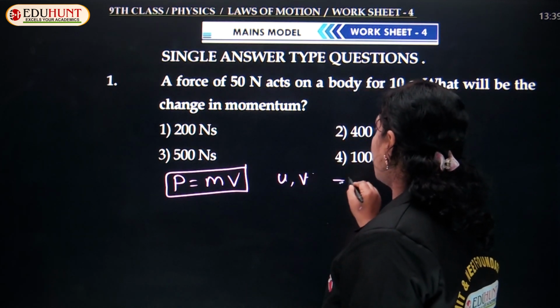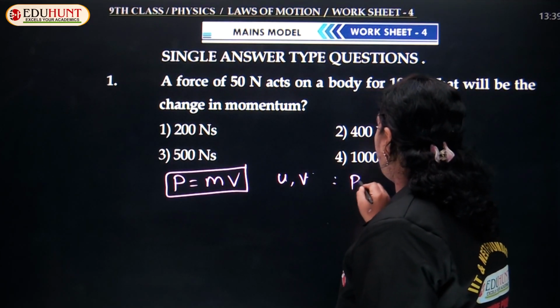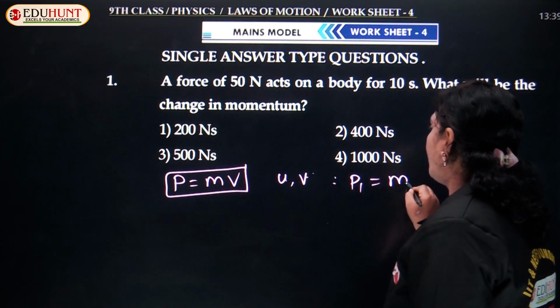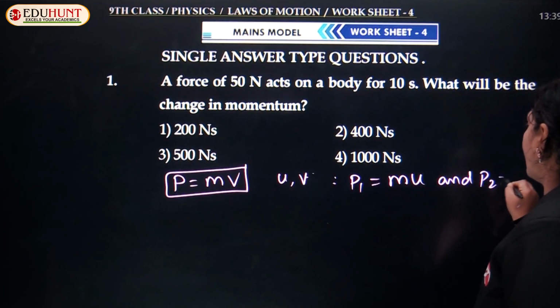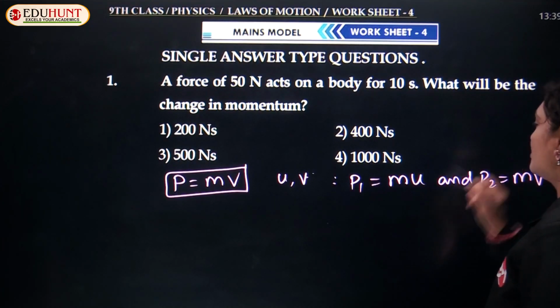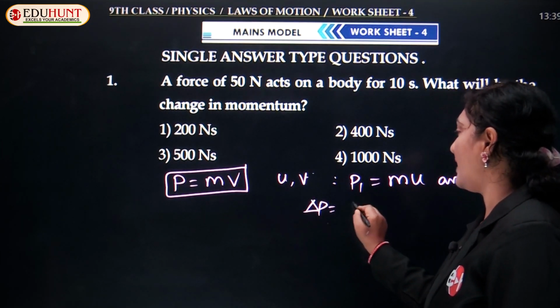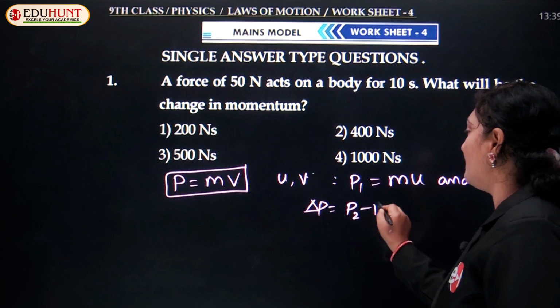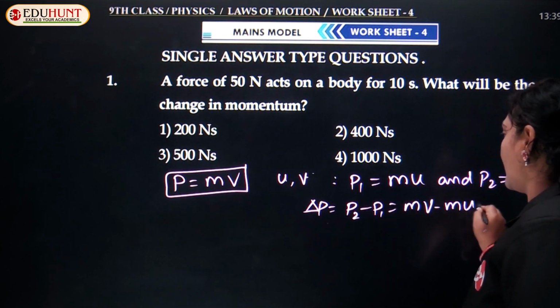Then initial momentum will be mass of the body into initial velocity, and final momentum of the body equals mass of the body into final velocity. Then change in momentum can be given as final momentum minus initial momentum, that is equal to mv minus mu.